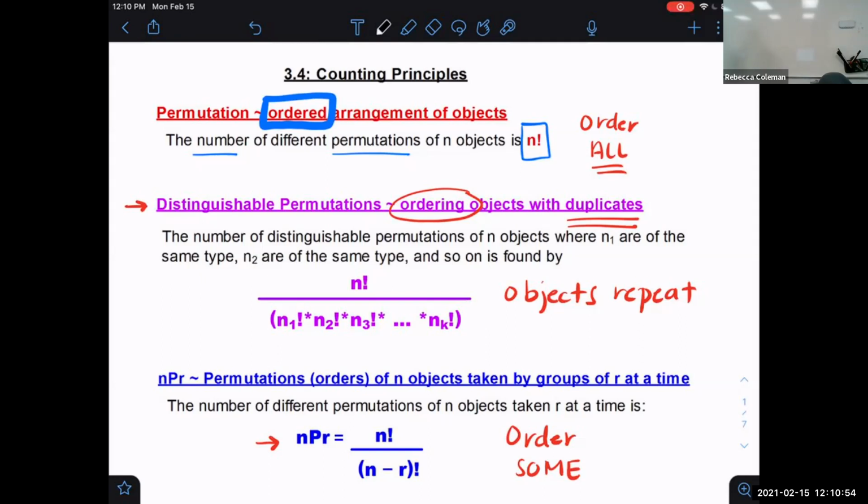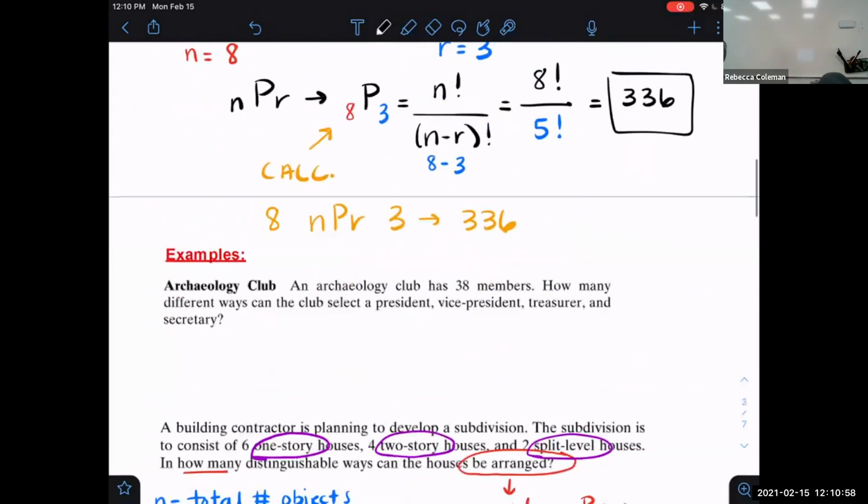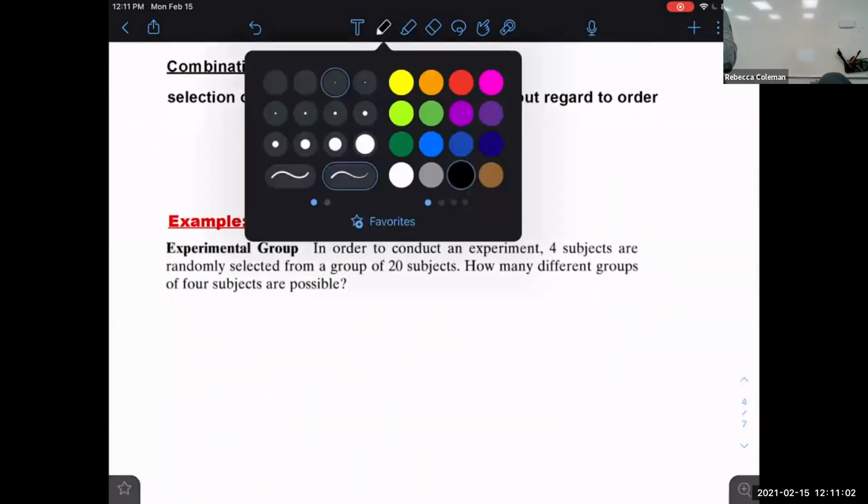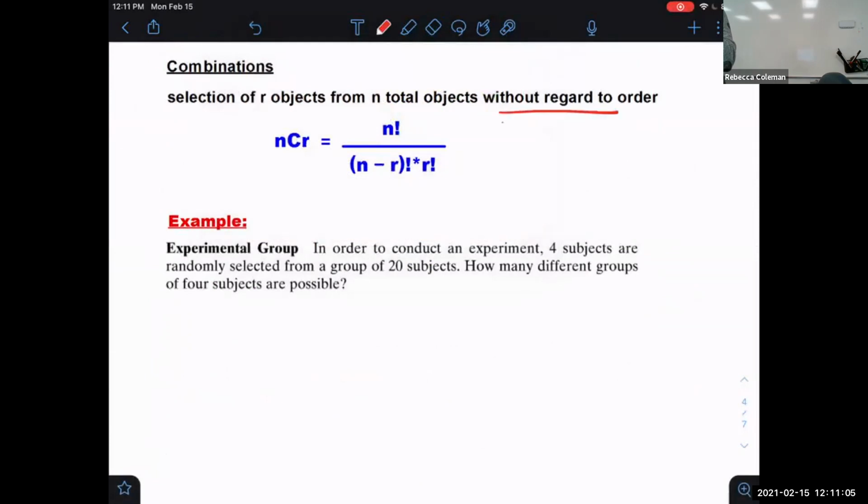Now there is one other type of experiment where you're going to be counting here, and it is a situation where you are not looking to order, you only want to form subgroups. So it has the N and the R, much like the NPR function that we talked about just a little while ago. But for a combination, N will still represent the total number of objects.